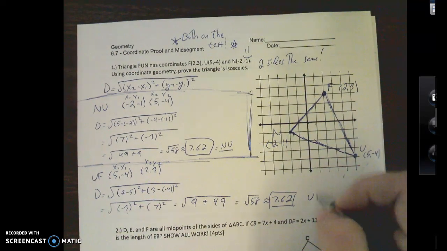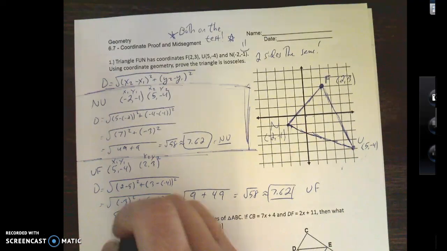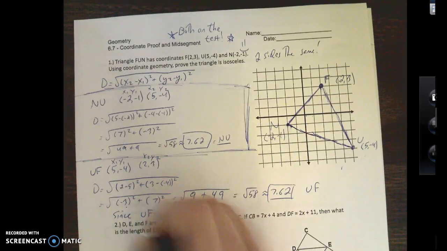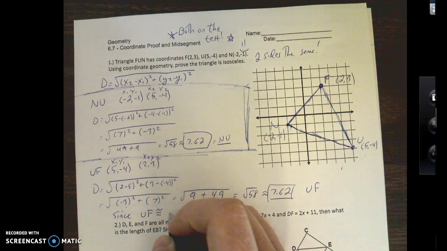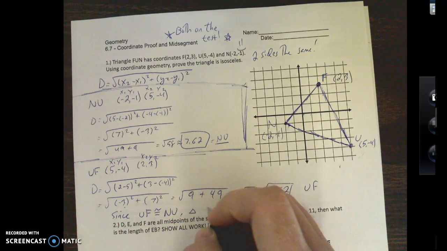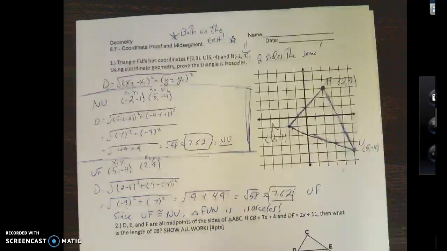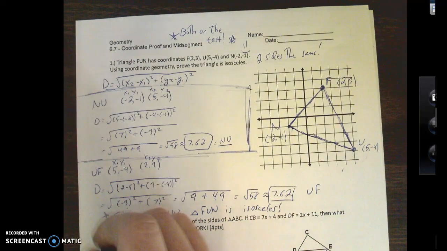So that's UF. Okay, so what we write, since UF is congruent to NU, triangle FUN is isosceles. Okay, and you've just proven it.